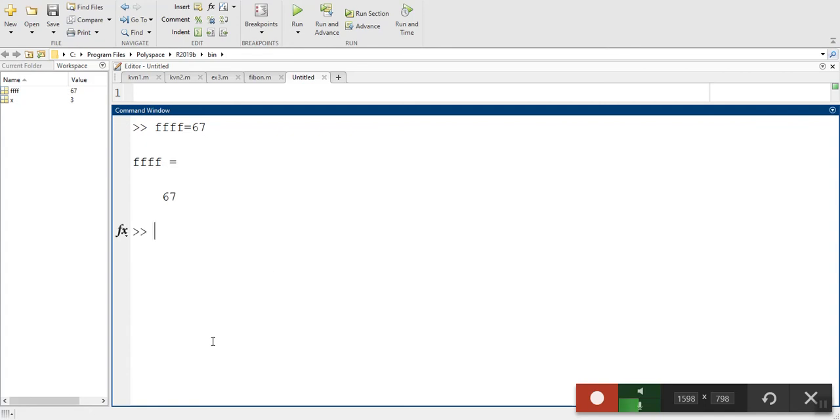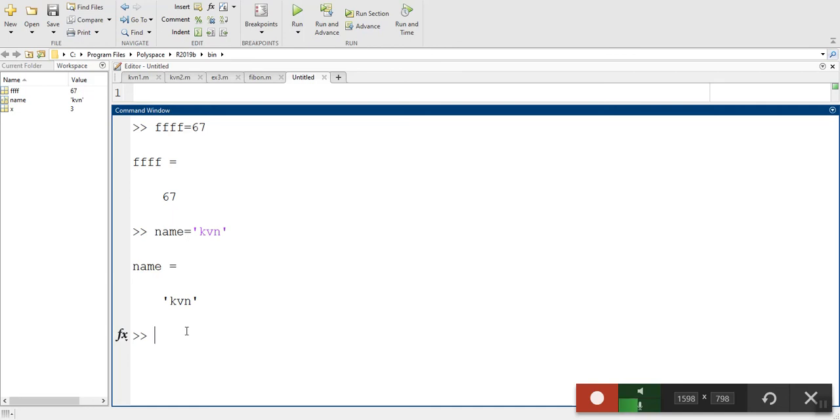Now, 67 is assigned to the variable f. Suppose you want to give name equals 'KVN', my name, under single quotes only, as a string. KVN is a string under single quotes. So, KVN is assigned to the variable name.